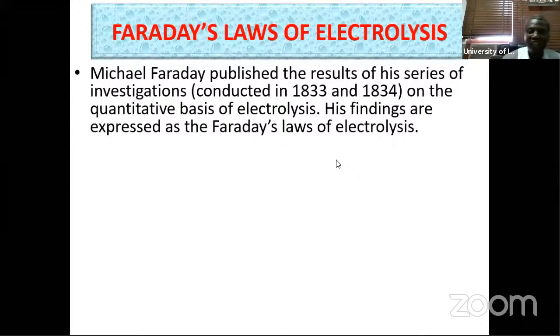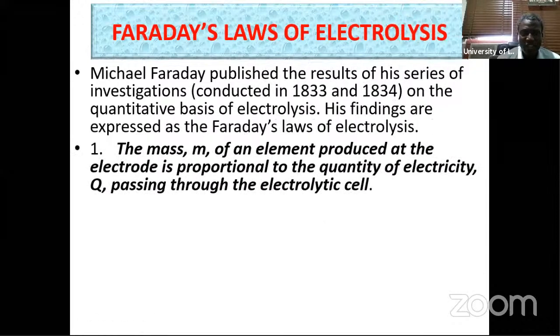So we go to laws of electrolysis. I'm sure you are familiar with this. Faraday's laws of electrolysis. The first one says that the mass of an element produced at the electrode is proportional to the quantity of electricity passing through the electrolytic cell.